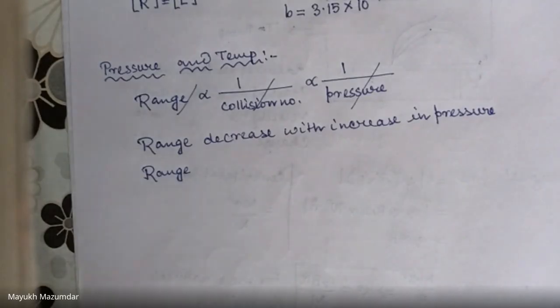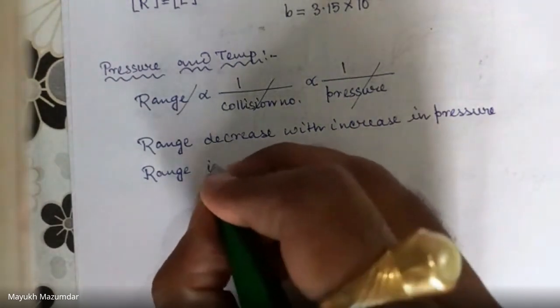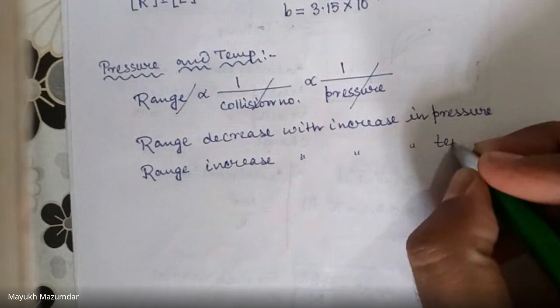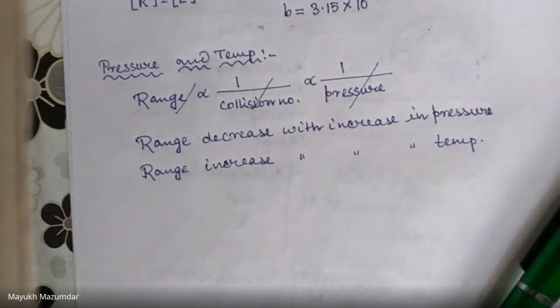What you said is also correct. But it is found that range increases with increasing temperature. Now try to explain this. If I increase temperature, there would be more random motion of the gas particles, hence the collisions would be more.